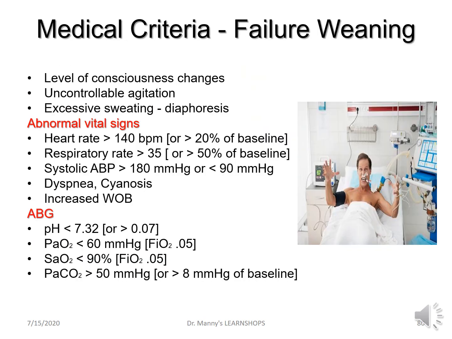The medical criteria that is considered that the patient has failed their weaning process is they have level of consciousness changes, they become agitated, aggressive, non-compliant, they activate their sympathetic nervous system, which is demonstrated in the form of things like tachycardia, hypertension, increased sweating.